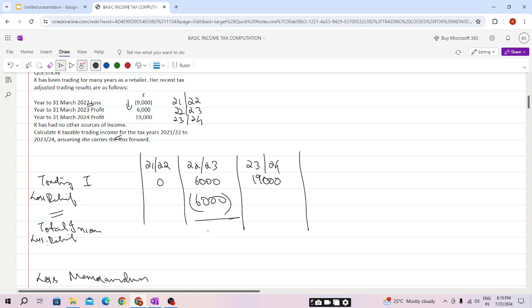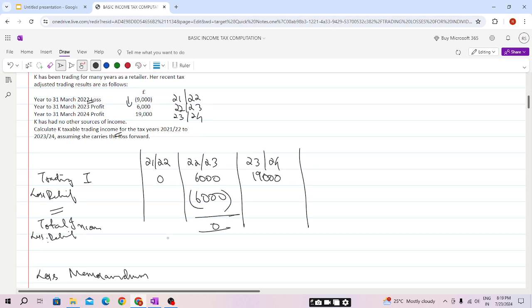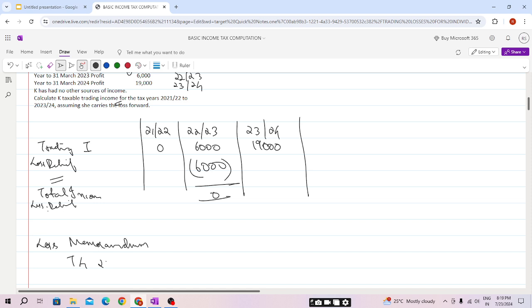So 6,000 we have reduced. So the total income is 0. So the loss memorandum: trading loss for 21-22 was 9,000, less from trading income of 22-23, 6,000. And the next available profits are 19,000, so here it will be 3,000.